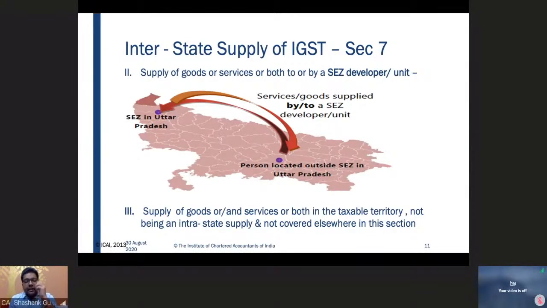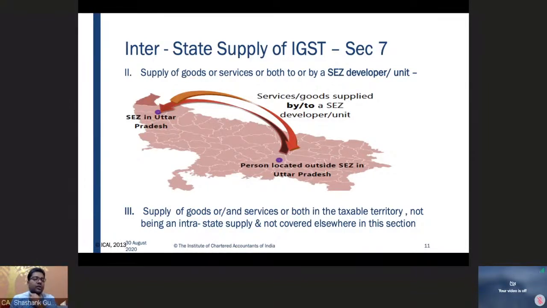So basically, the point that I am trying to highlight here is that IGST is the residuary levy. Residuary levy meaning if you have a confusion whether a transaction should be treated as intrastate supply, meaning liable to CGST plus SGST, or interstate supply, meaning liable to IGST. So how do we determine?